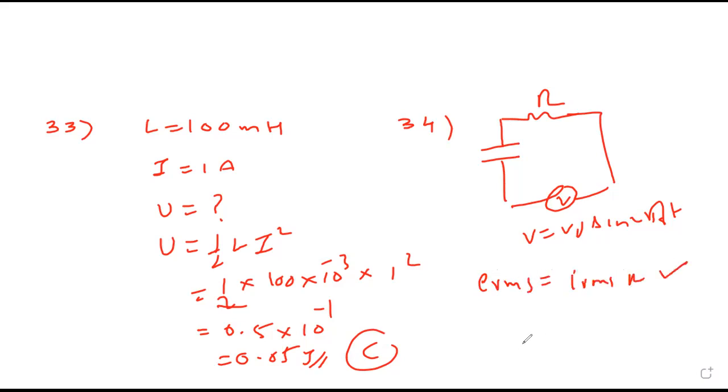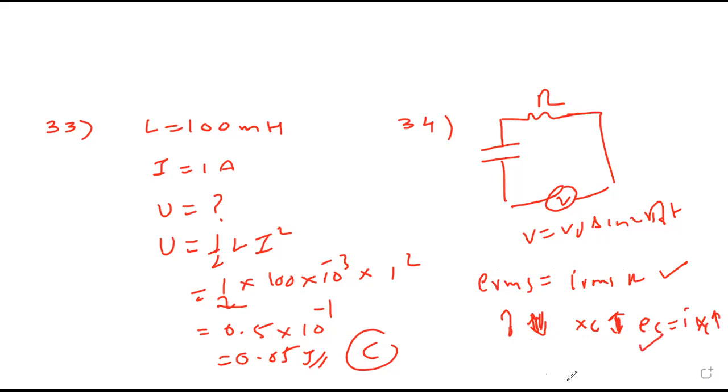This is correct. They want which is the false statement. Frequency f increases, so XC will decrease. Sorry, decrease in frequency increases XC. Voltage is I into XC, will increase. So this is also a correct option.